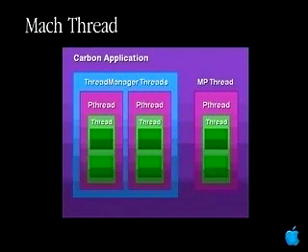And so you end up with a picture like this, that you have Mach threads. Mach threads are wrapped at user level by P threads to provide stacks and the like. Inside of a Carbon application, you may have those thread manager threads like I talked about that are cooperatively scheduled against each other through the assistance of Carbon. But you then have MP threads, which are free to run and execute, and Mach is the only one who schedules those.